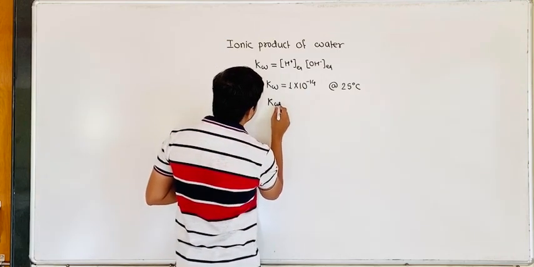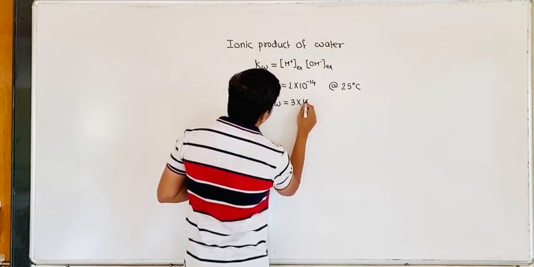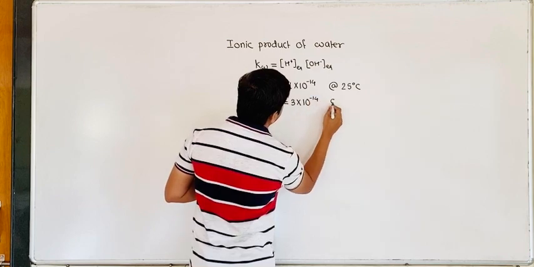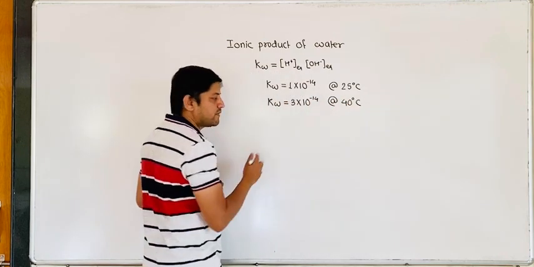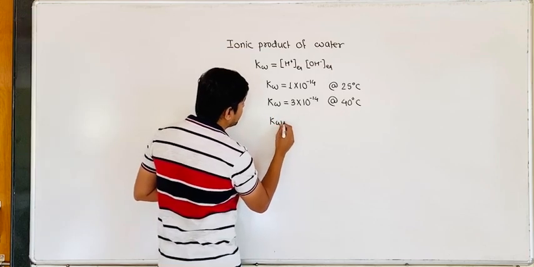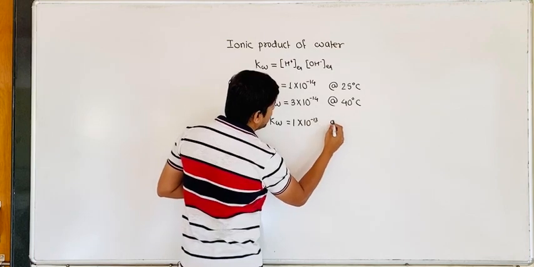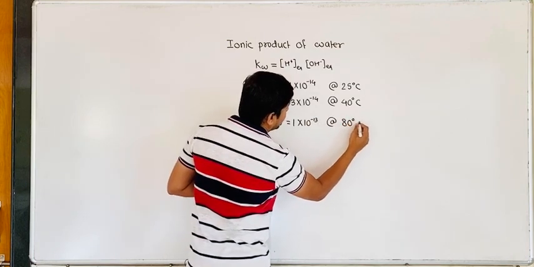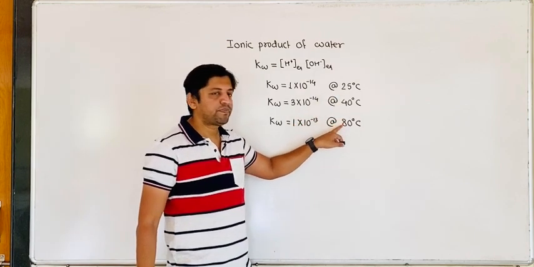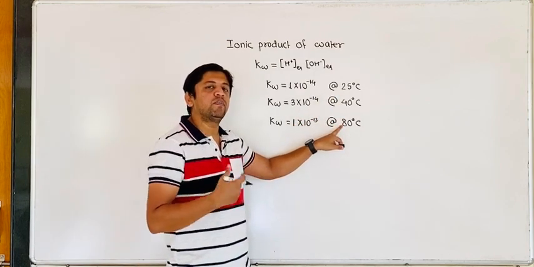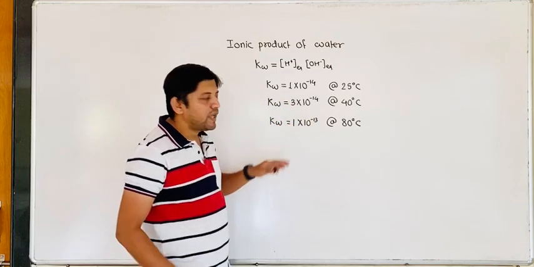Kw is around 3 into 10 raised to minus 14 at 40 degrees Celsius, or 1 into 10 raised to minus 13 at 80 degrees Celsius. So as temperature increases, dissociation of water is more and more favored as the value of Kw goes on increasing.